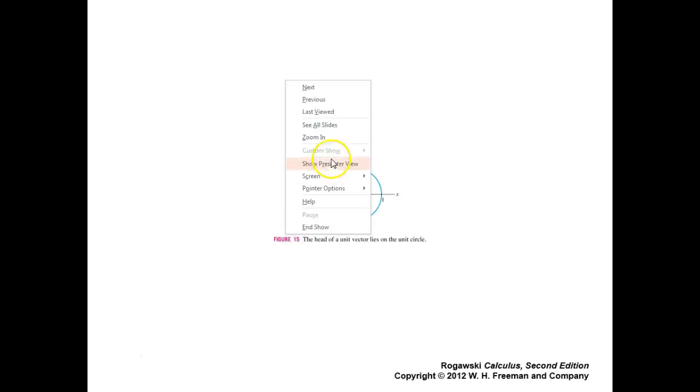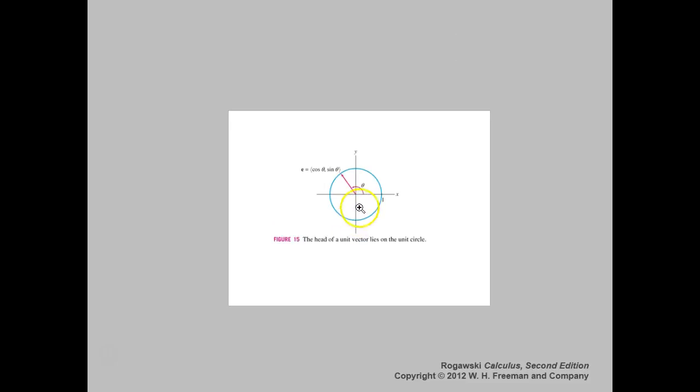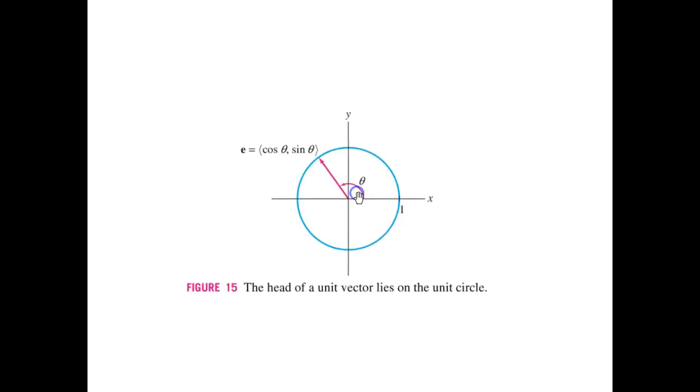Now, this should have gone with the previous discussion we had. This is what we mean by a unit vector centered at the origin is always going to be, if you know the angle theta, it's going to be cosine theta and sine theta. Those are the components. Because it really should be, if you did xy's, x is always r cosine theta and y is always r sine theta.